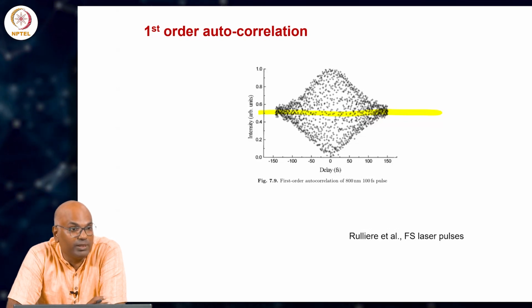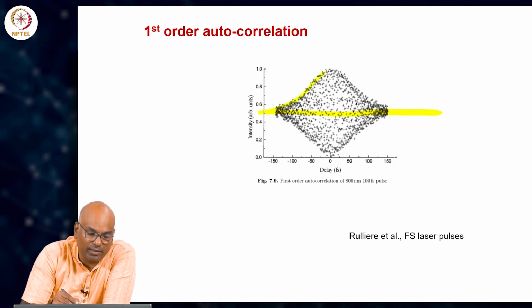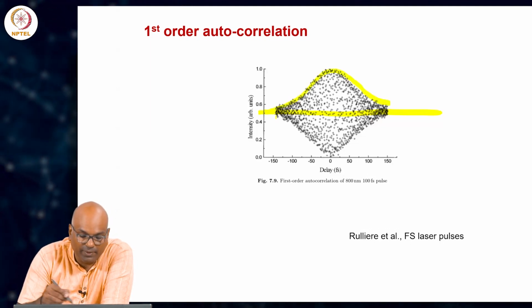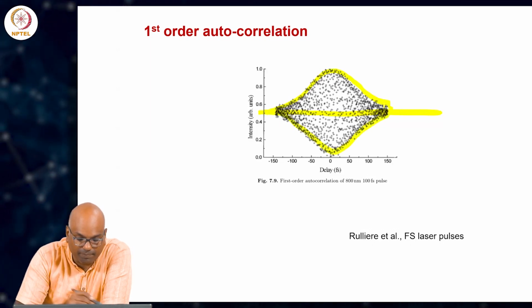So, there will always be some signal at your detector. But what you are interested in is this temporal variation in the region where the pulses temporally start overlapping.